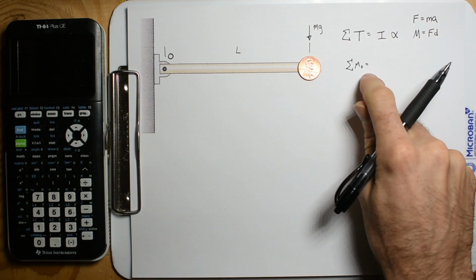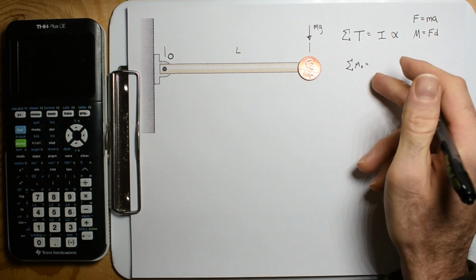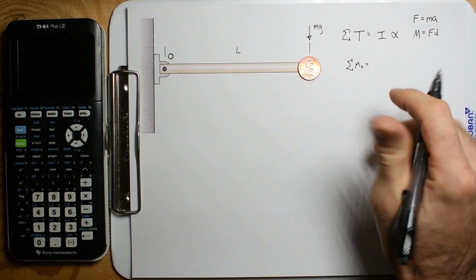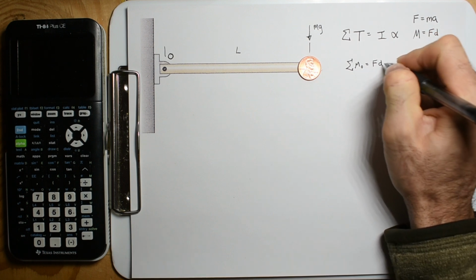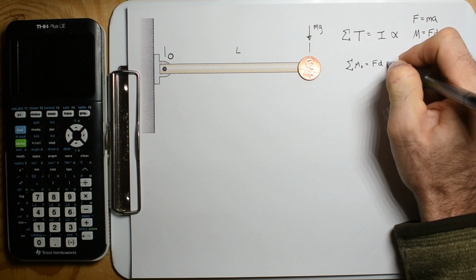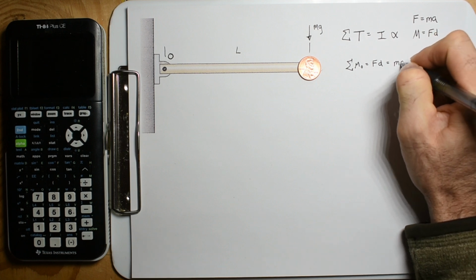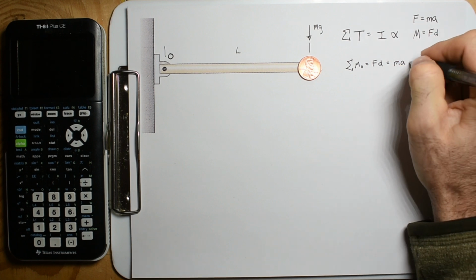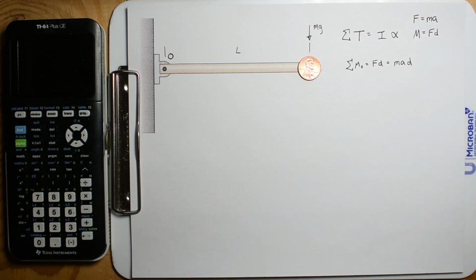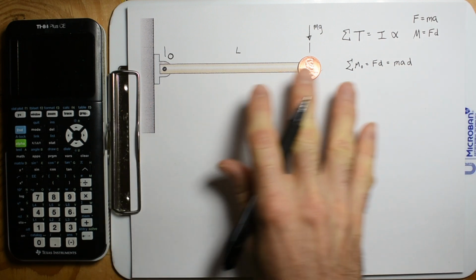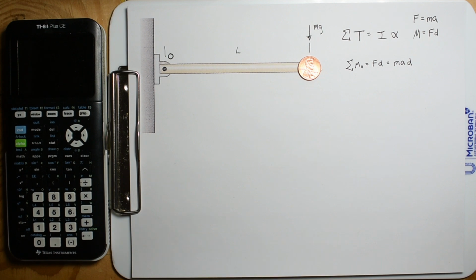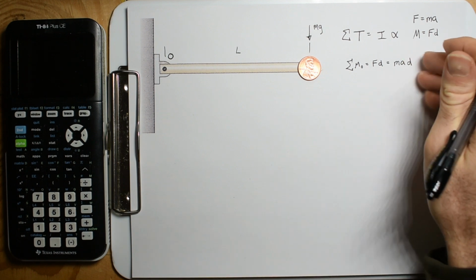So if the moments are not equal to 0, they're going to be equal to some force times distance, which equals mass times acceleration times distance. This really only works in a linear fashion. All right, but let's do it.